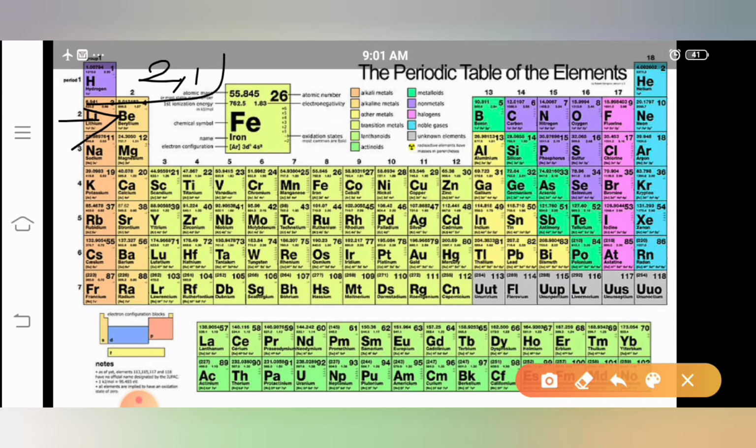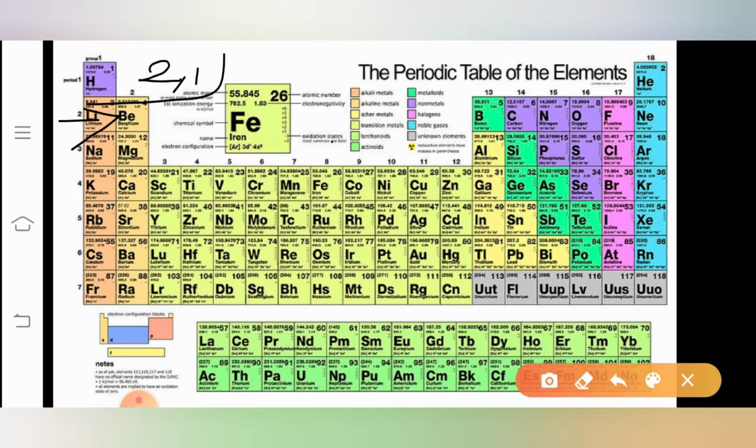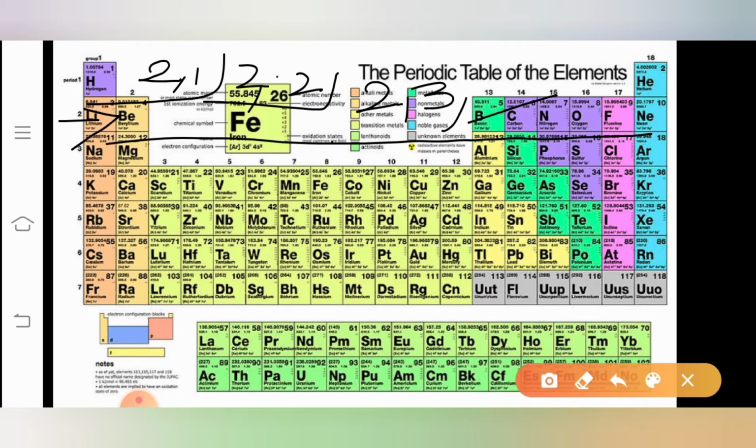Correct? And then if you look at beryllium, it is 2,2. And boron, also in the second period, is 2,3. If you look at carbon, it is 2,4. Like that, right? If you look at all these 4 elements, they all have the same number of shells.